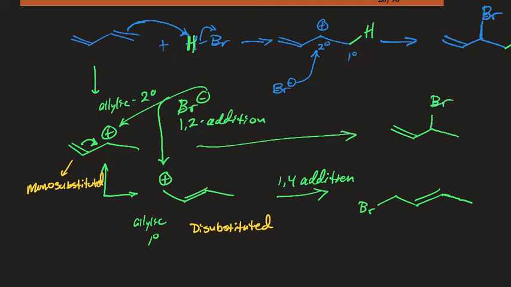It turns out that the 1,2 addition is going to be done under kinetic control, meaning it's going to be under cold conditions, like at 0 degrees Celsius. We get the 1,4 addition under thermodynamic control at, for example, 100 degrees Celsius.